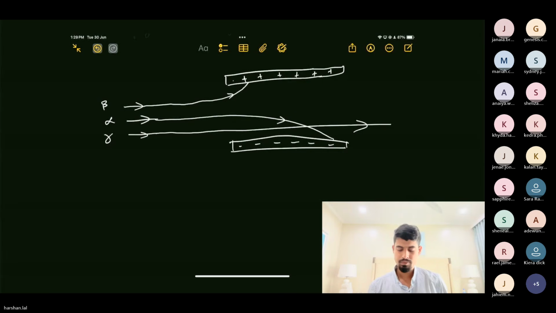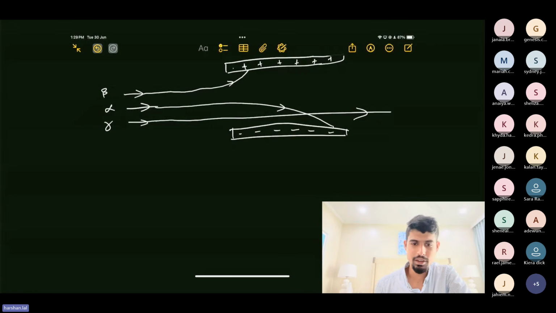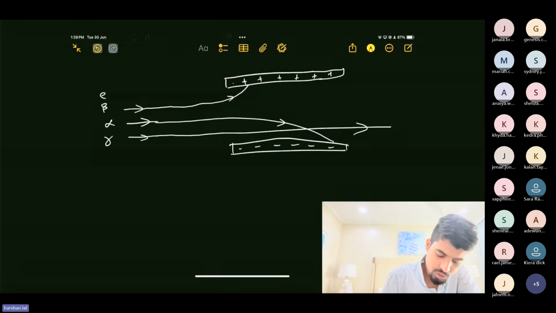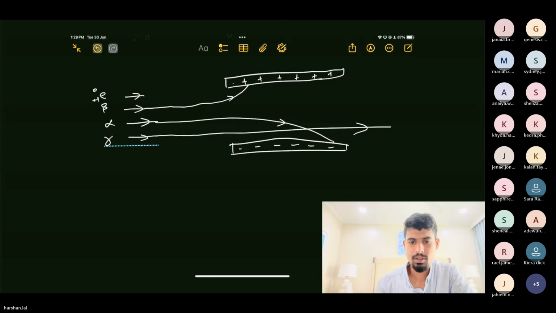So, this is deflection of these particles in an electric field, right? Now, if we had a positron, right? Remember, positron is just an electron with a positive 1 charge, right? How would this positron be deflected in the field? So what was the question?